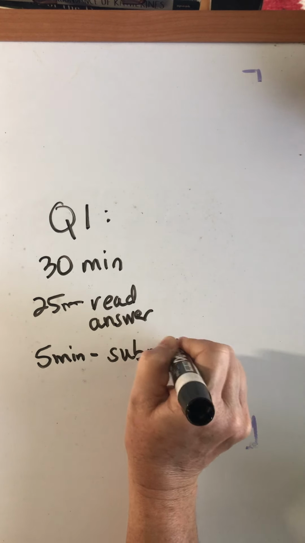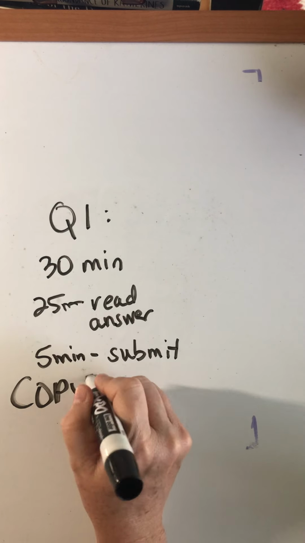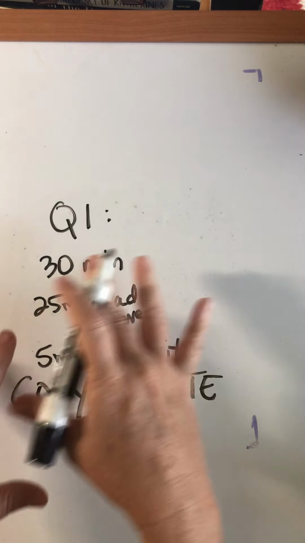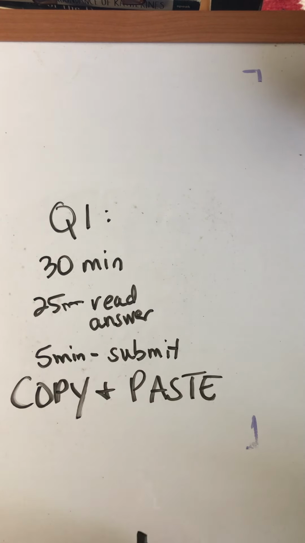And that is where the preferred way is to copy and paste, okay? So you're going to type it all in your Google Doc, highlight it all or copy it all, and then paste it. If you don't know how to do that, you need to make sure you practice that right now.